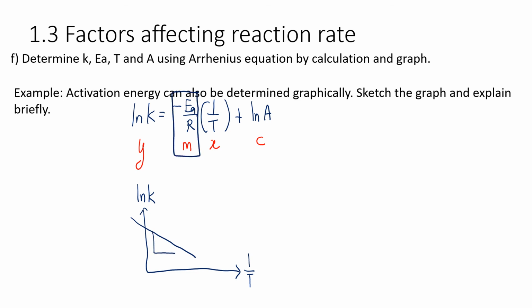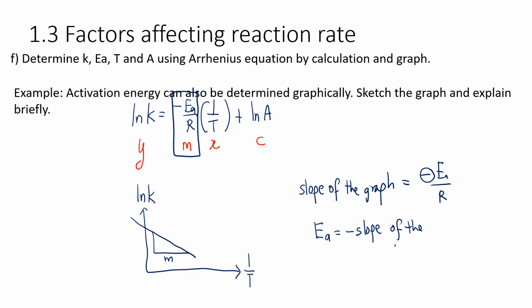The slope of the graph equals negative activation energy over the universal gas constant. Therefore, to get the activation energy, we just bring the negative over, so it becomes the negative slope of the graph multiplied by the universal gas constant.